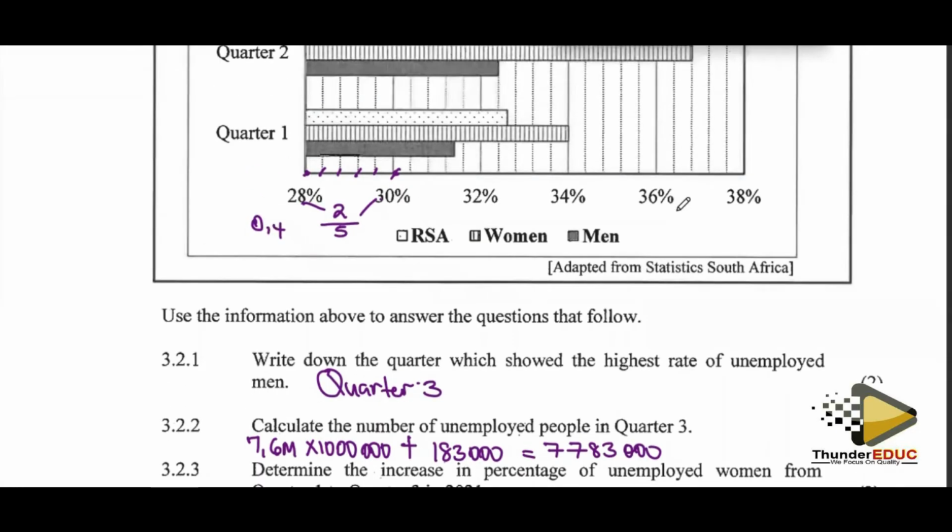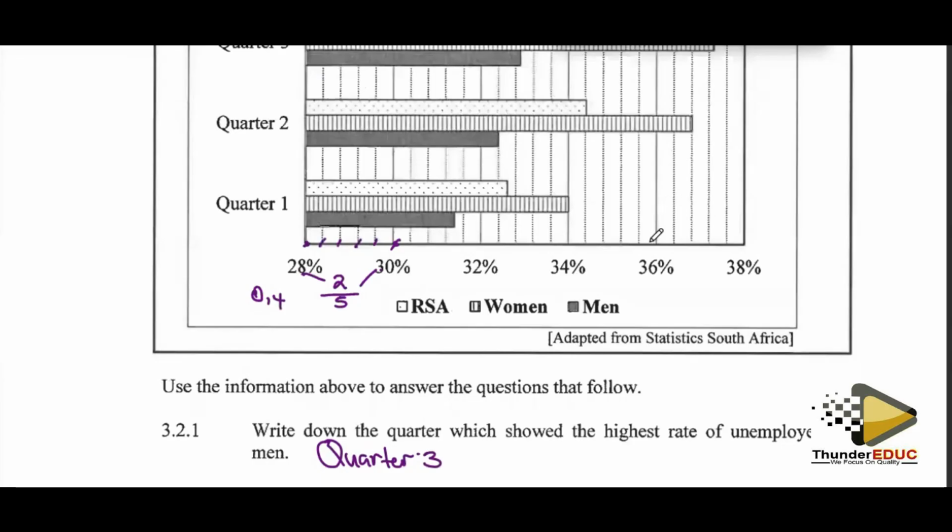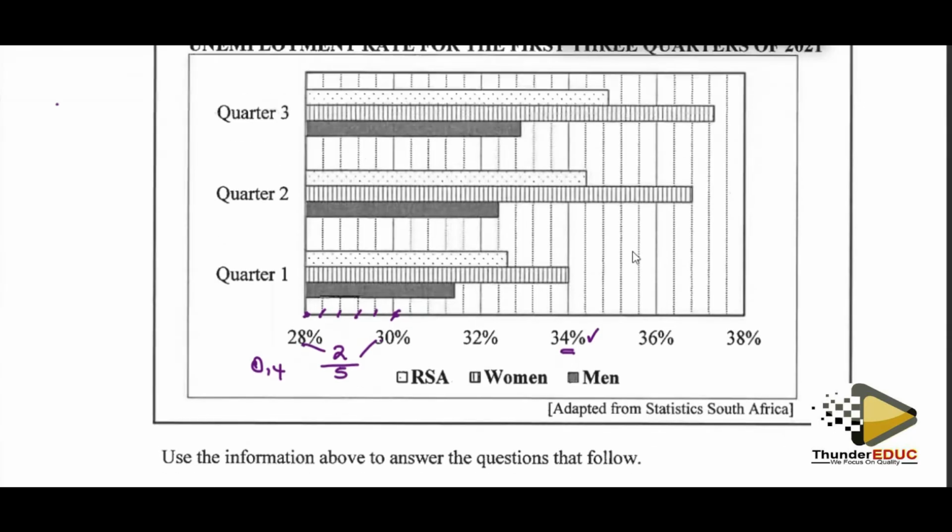All right. So we are determining the increase percentage of unemployed women from the first quarter to the third. In the first quarter, unemployed women stand at 34. Then in quarter number 3, where are they? Look at where they are. They are at this line here.